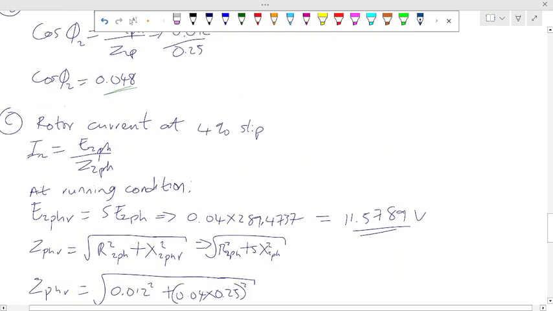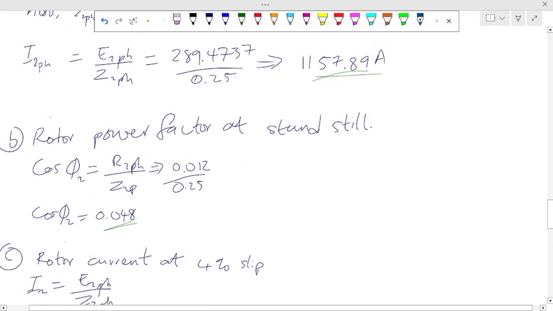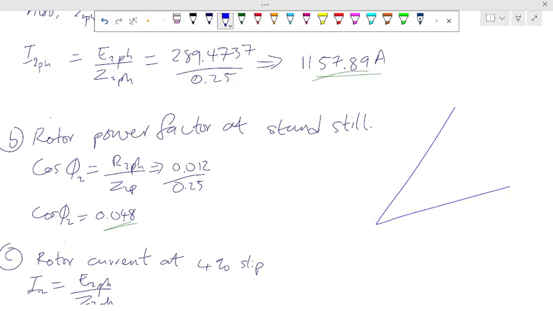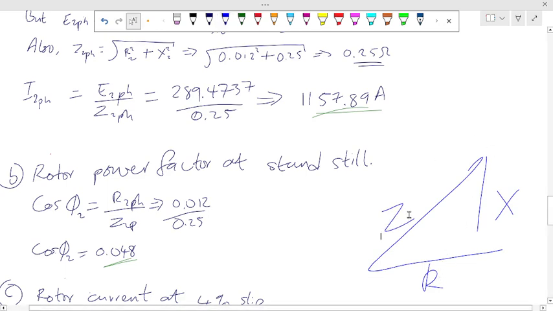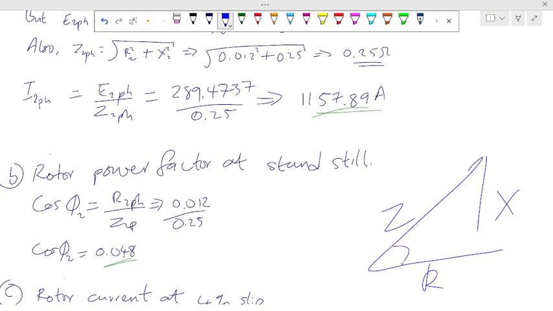Then the B part says calculate the power factor at standstill. Power factor is cos phi 2. And I think we've done something like this in a previous video, where we said this is the real part, the imaginary part, and the impedance, which is resistance, reactance, and impedance.